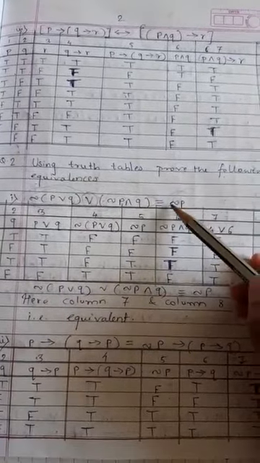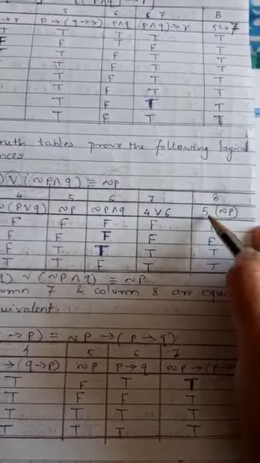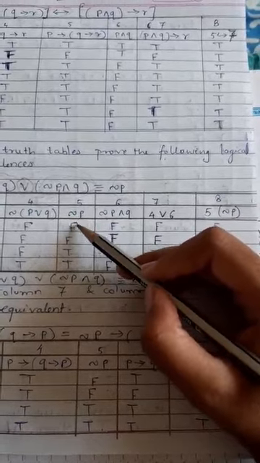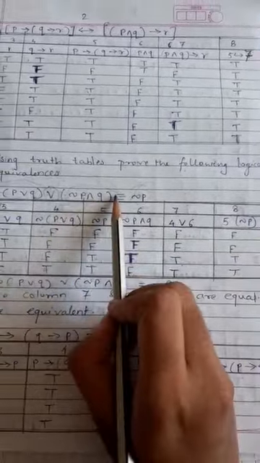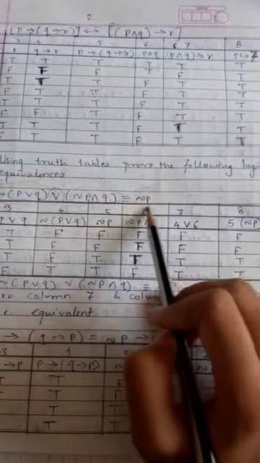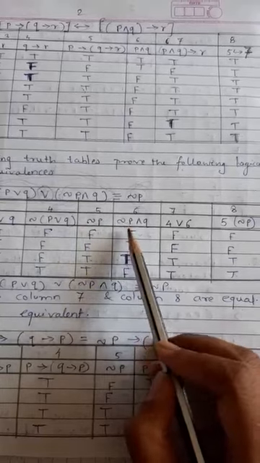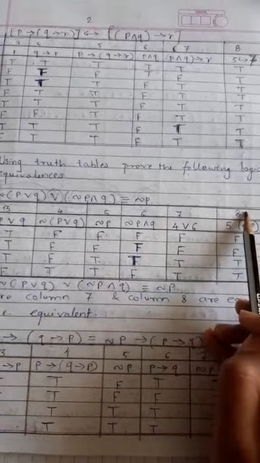Next is negation P. We have already found negation P: it is F, F, T, T. So we have to check whether this is equal to this or not. This whole part is in the 7th column and this is in the 8th column.